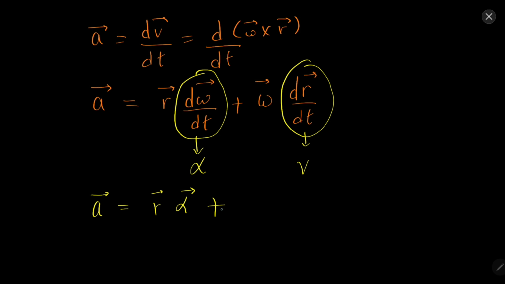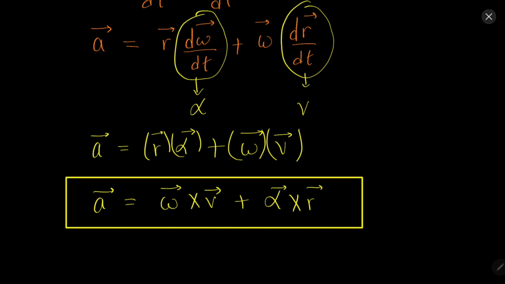If you properly rearrange all this, you will get acceleration equal to omega cross v plus alpha cross r. So this will be the value for the linear acceleration.